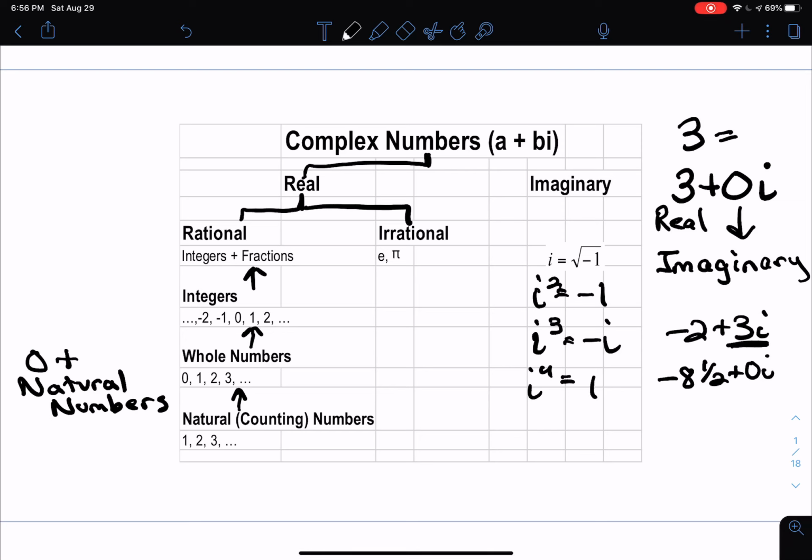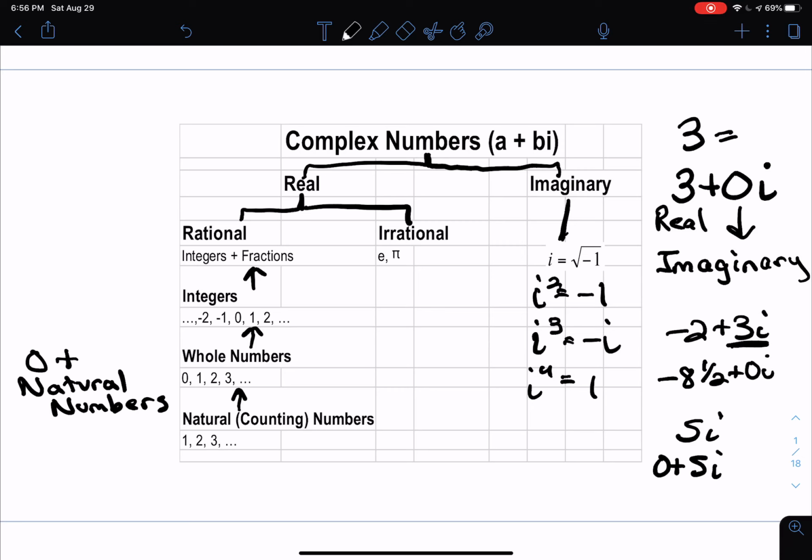So i represents the square root of negative 1, and i cubed is negative i. But you can square i or raise i to the fourth power, and you get back real numbers. But that's where you start dealing with imaginaries. And those are all part of complex numbers too. Like if you have the number 5i, that's a complex number that can be written as 0 plus 5i.